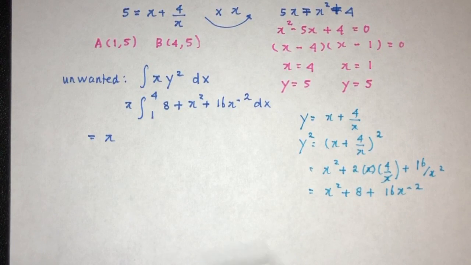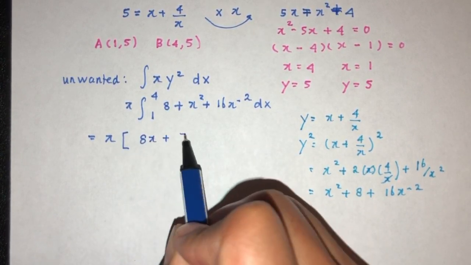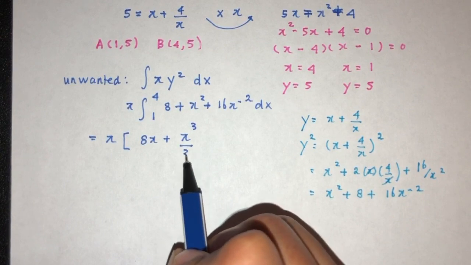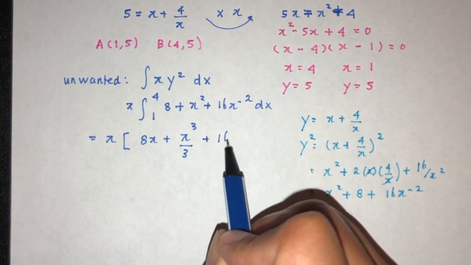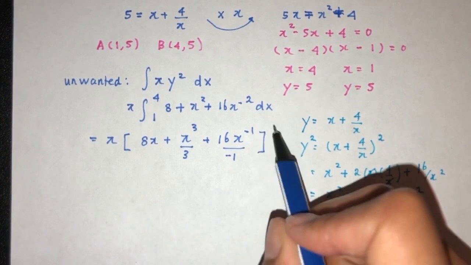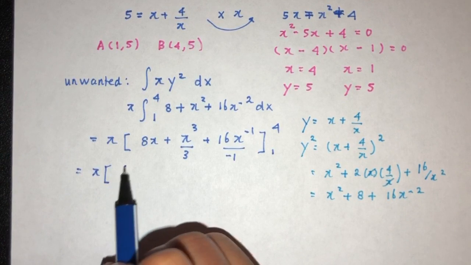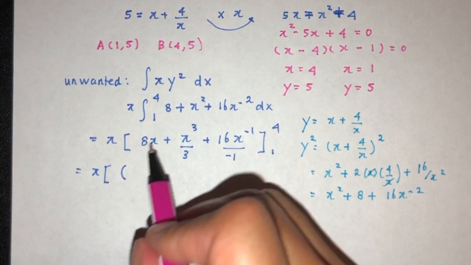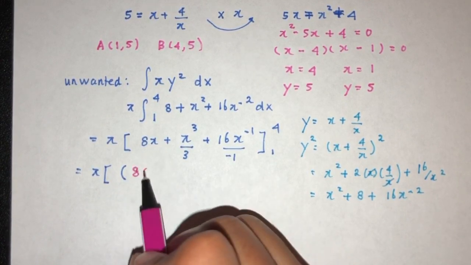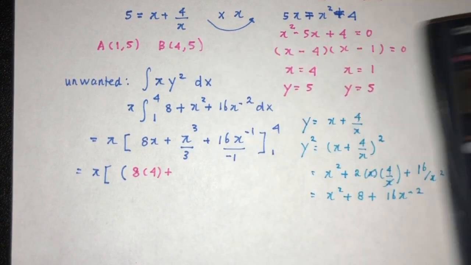This one will be pi, and then we'll have 8x plus x to the power 3 over 3. Then we have 16 here as a multiple, times x to the power minus 1 divided by minus 1. Limits are 4 and 1. So let's see, that will be 8 times 4 plus 4 cubed, which is 64, over 3.